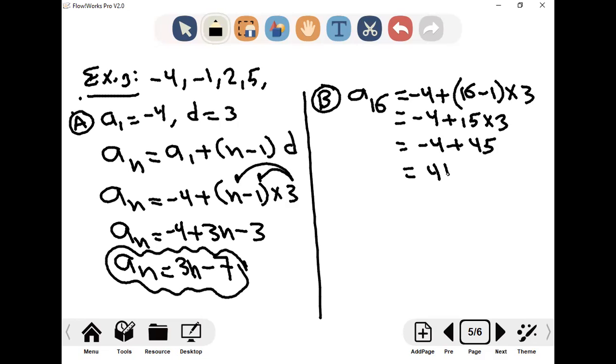So the term number 16 is 41. Or if you prepare the equation, you can replace n by 16: 3 multiplied by 16, 48, minus 7. Done.